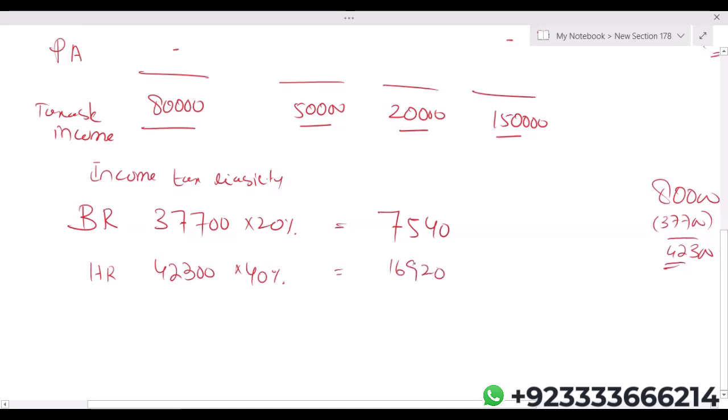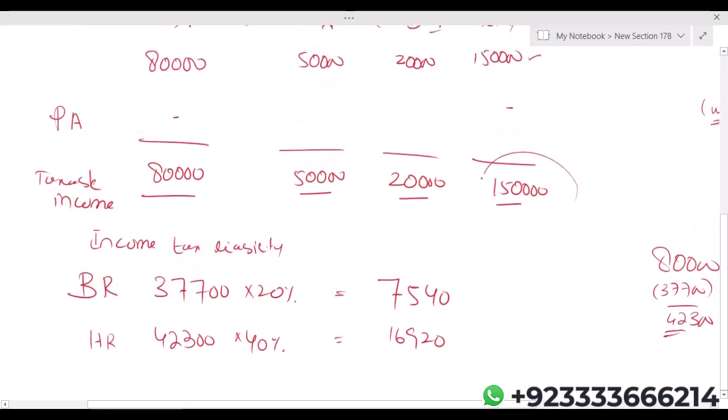Now we'll go for saving income. But in case of saving income, we need to check the individual's tax paying status for the nil rate band. The individual's tax paying status is always decided on the basis of total taxable income. Can I say the total taxable income is more than 1,25,140? So this individual is an additional rate taxpayer.